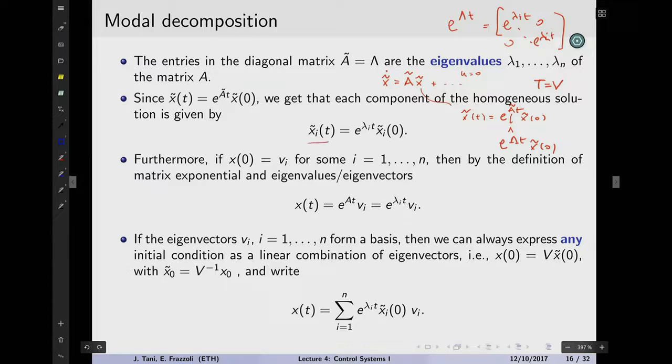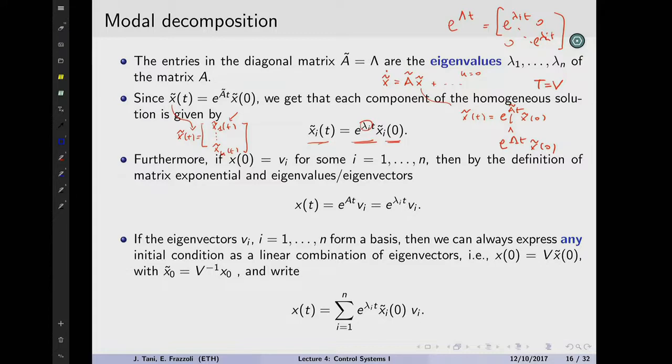every component of these new coordinates, x̃ of t, is actually equal to a collection of terms in this way. Each one of these components will have an evolution that depends exclusively on the eigenvalue associated with that direction.